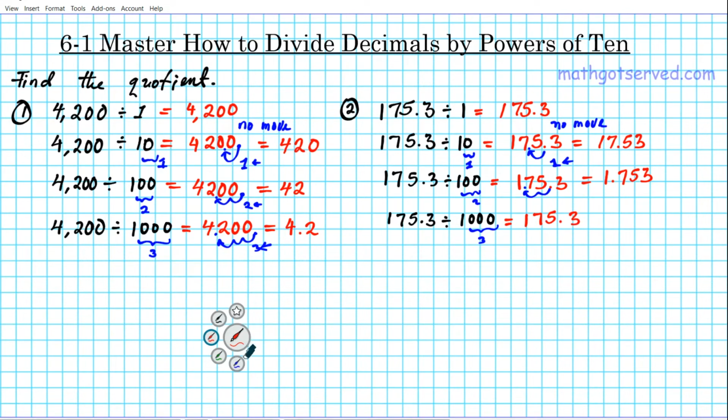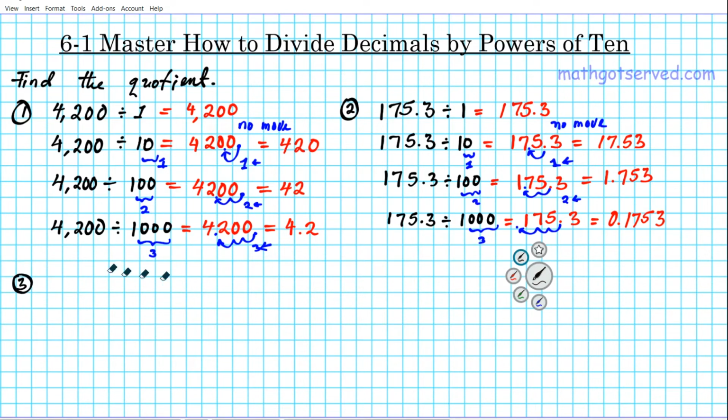We're now going to move the decimal point 3 places to the left. 1, 2, 3, right there. All right, so our final answer is going to be 0.1753.